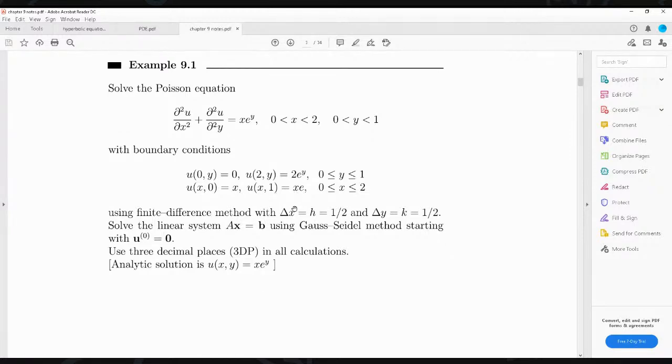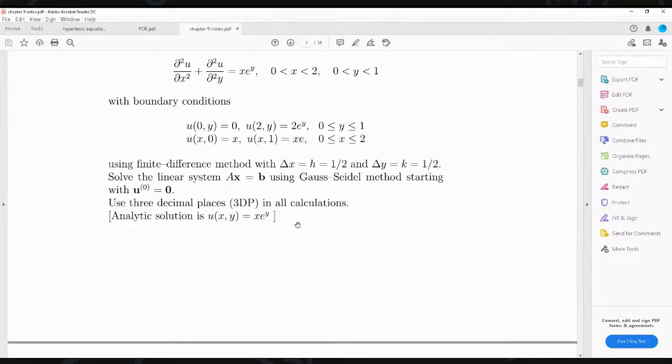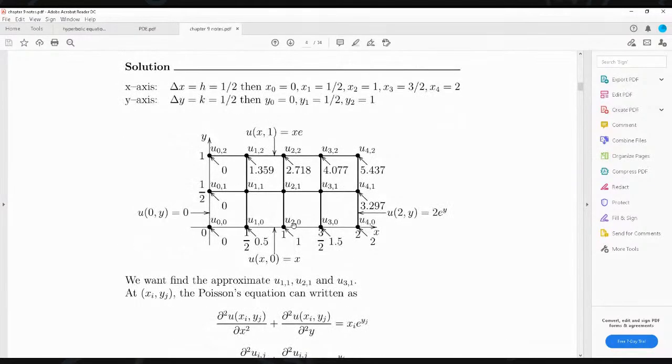In the process of solving the Poisson equation, we need to represent this boundary in this form, in this graph. You can see the x axis and y axis. Because delta x is 0.5 and delta y is 0.5, you can see there is a square.